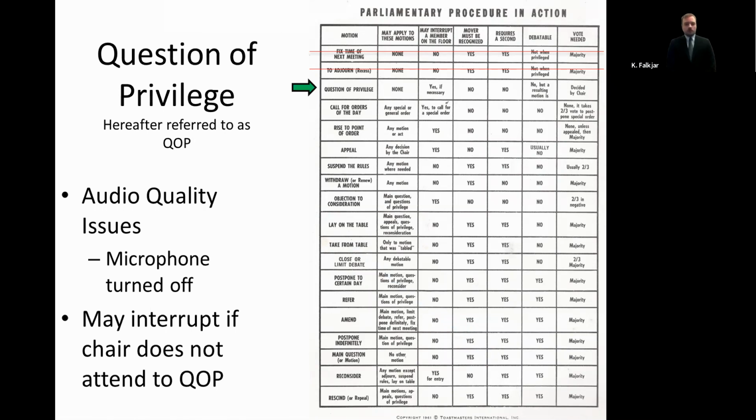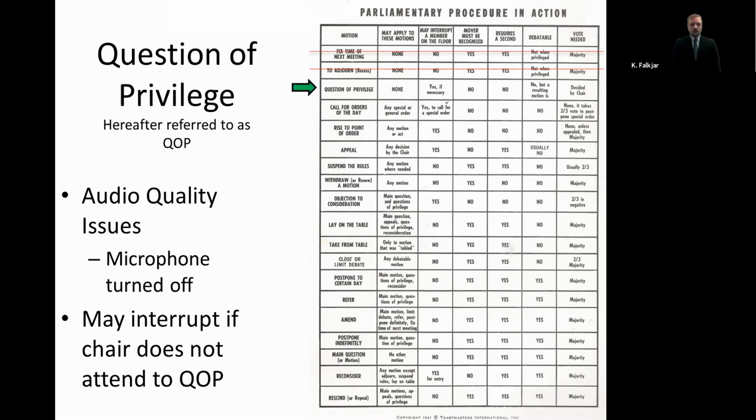A question of privilege. This would be the temperature of the room and audio quality issues, to remind someone if a microphone is turned off. If the chair does not address this, someone may interrupt to indicate that they cannot hear them speaking.